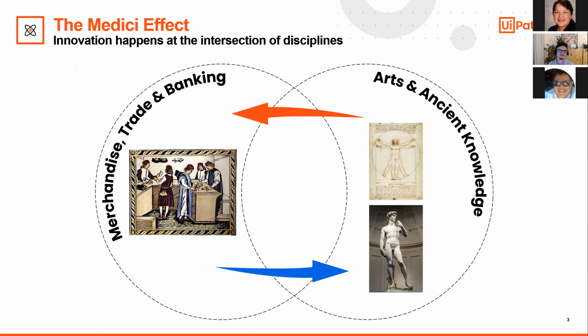In the case of the Medici family, a dynasty in northern Italy based in Florence, they were super successful in merchandise, trading, and banking. And they heavily invested in arts. In those times, a lot of ancient knowledge got rediscovered again.